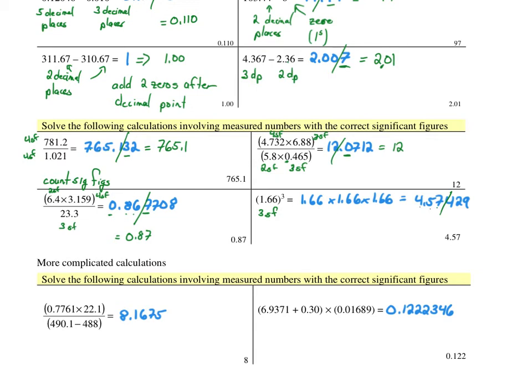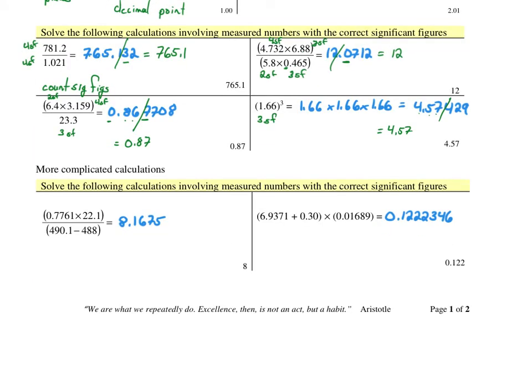We stop after the 7, and we're going to be rounding down because the first number that we drop is less than 5. Our final answer is 4.57. For these more complicated problems, again, write down your calculator answer first, then go back and worry about the sig figs.